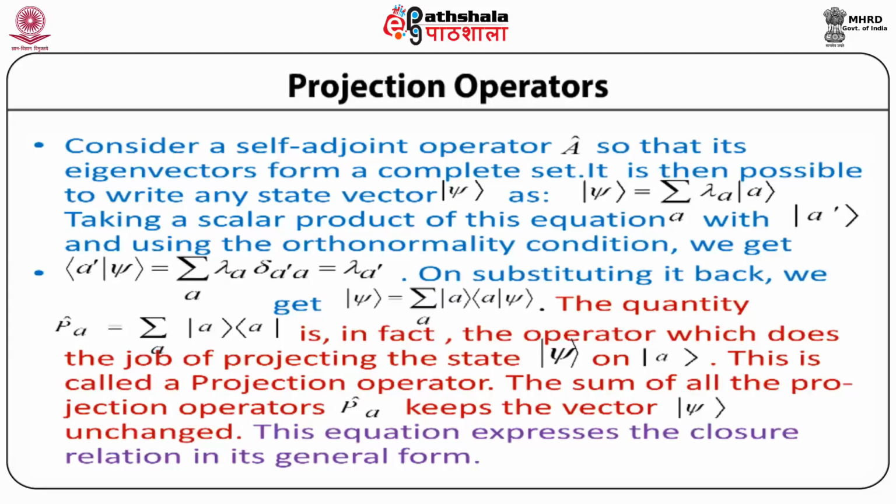So from this equation we can define a quantity which is called the projection operator P_A, such that the projection operator P_A is equal to Σ_A |A⟩⟨A|, and this projection operator basically does the job of projecting the state ket vector ψ on the state ket vector A. The sum of all the projection operators P_A keeps the vector ψ unchanged.